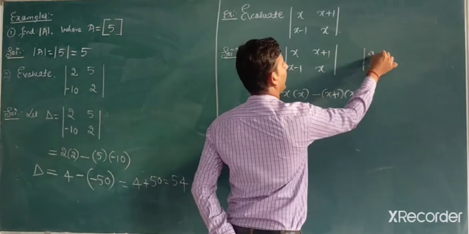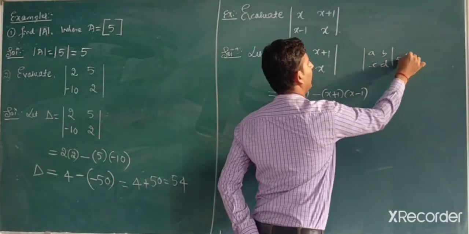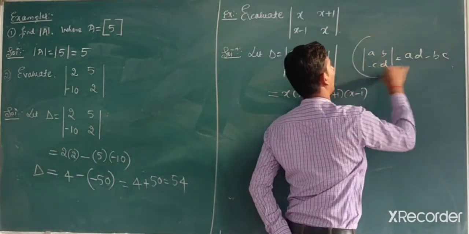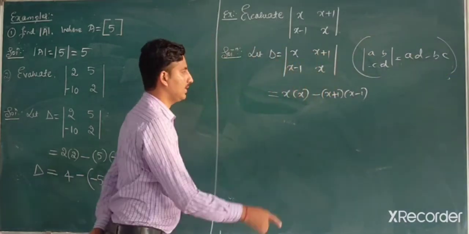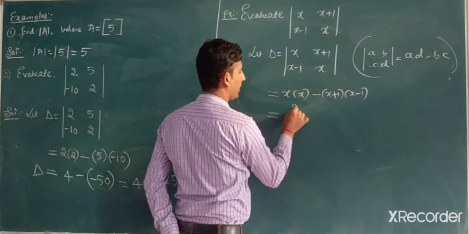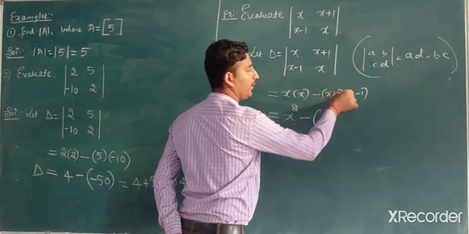The format is ABCD, and the answer is AD minus BC. Which is nothing but x square minus (x plus 1) into (x minus 1).